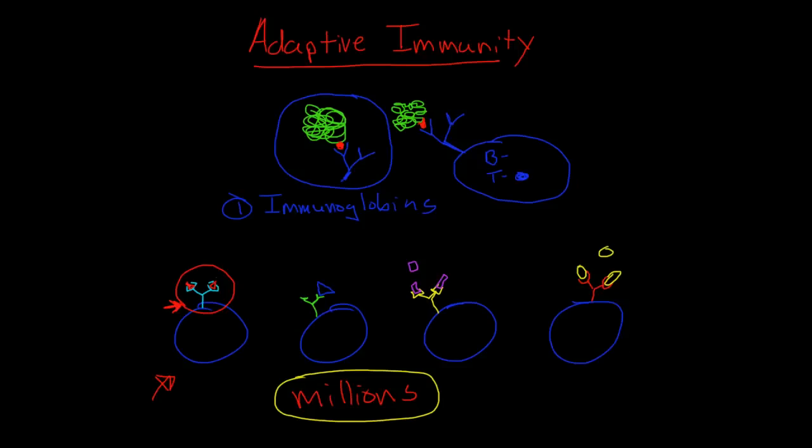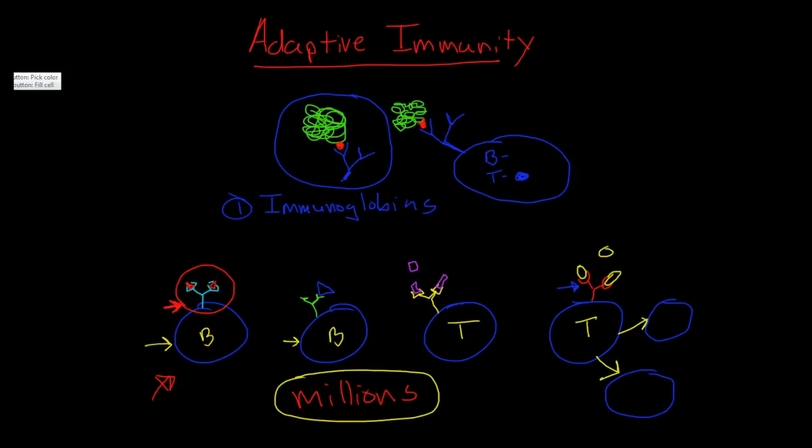And we may only have a couple thousand of each type of cell, and they're really not enough to fight off an infection. But maybe some of these are B cells and some of these are T cells. If they are activated, then they are going to start the process of dividing, and make exact clones of themselves with this mixed up DNA that is precisely designed to form this immunoglobulin.